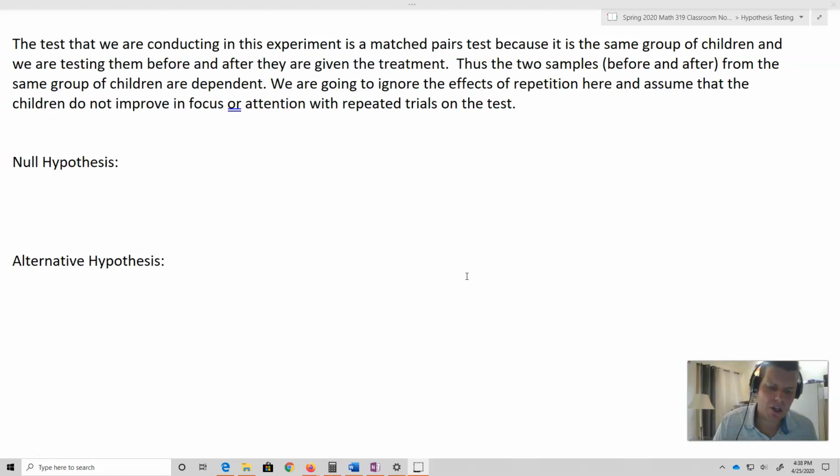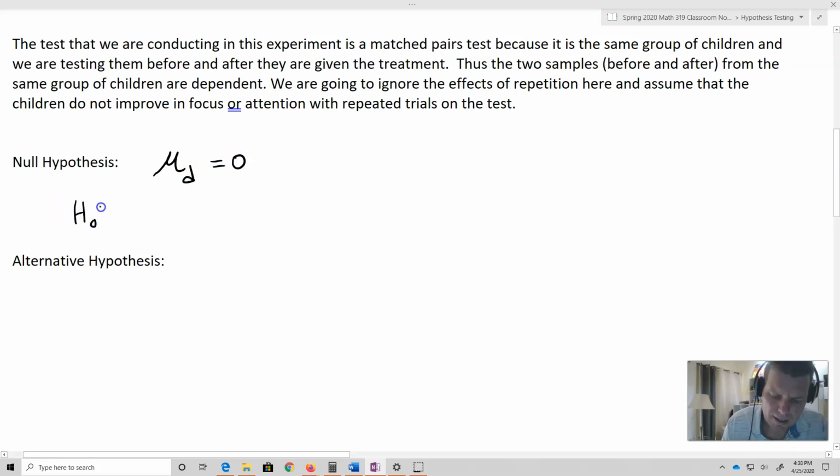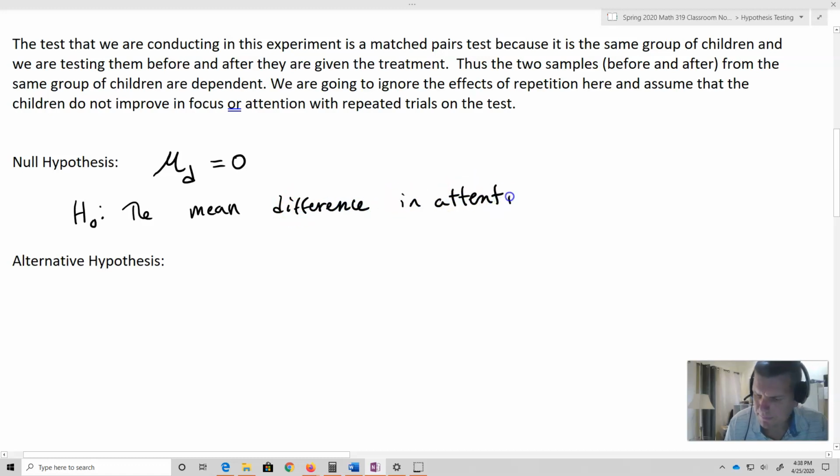Okay, so we're going to start out with our null hypothesis, and symbolically our null hypothesis is mu d equals 0. What this means in words, our H naught, is the mean difference in attention time before and after the treatment is 0.